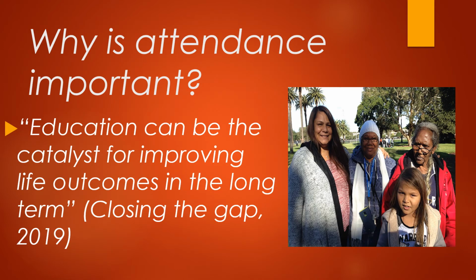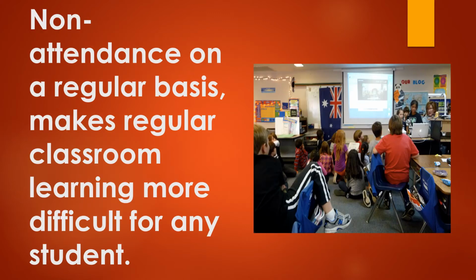Why is attendance important? Education can be the catalyst for improving life outcomes in the long term. Non-attendance on a regular basis makes regular classroom learning more difficult for any student. Concepts are not understood because students have missed crucial days of instruction, and feelings of dislike towards learning occur because it becomes harder to understand, and thus a vicious cycle of non-attendance is born.